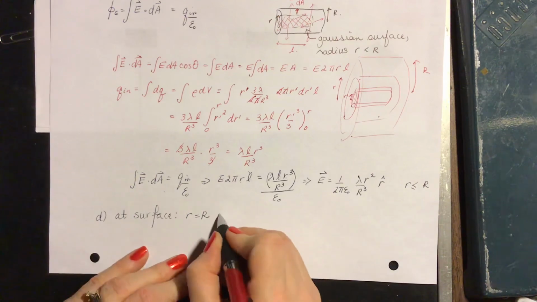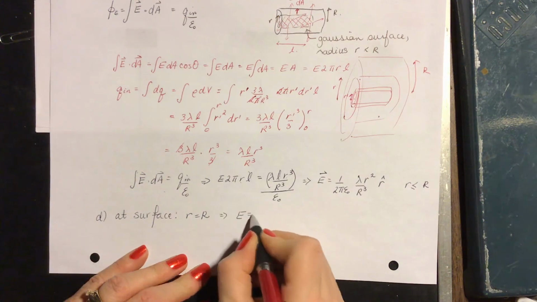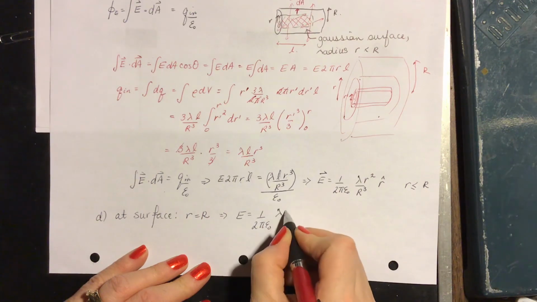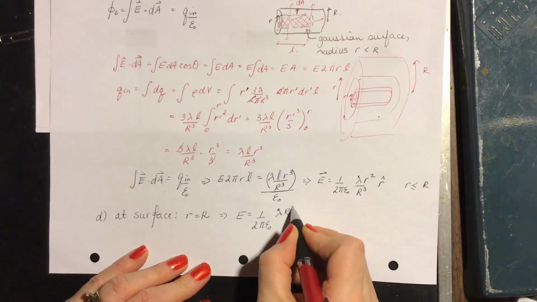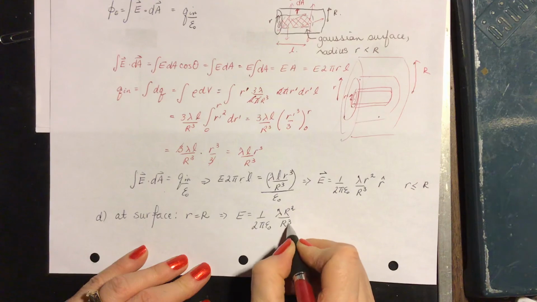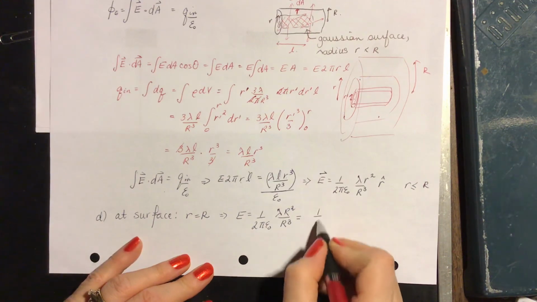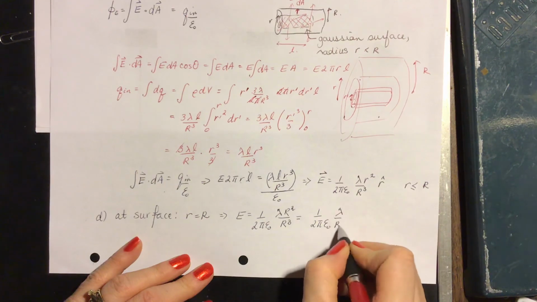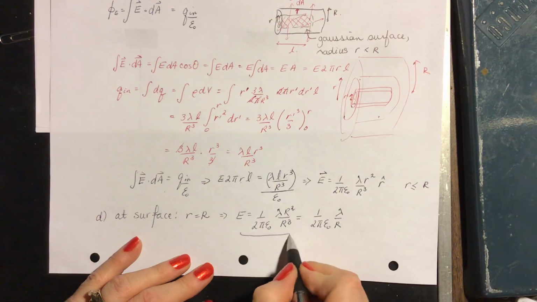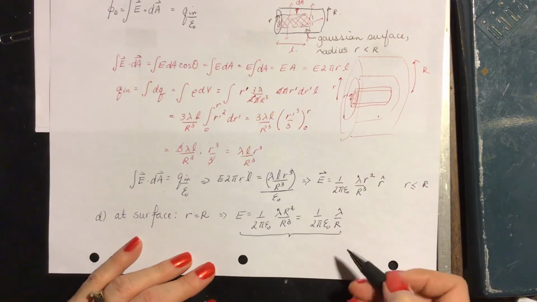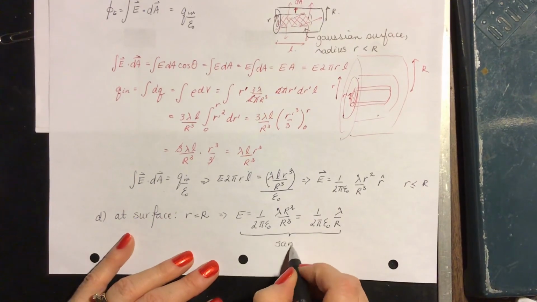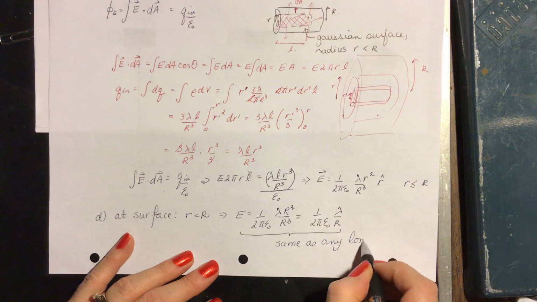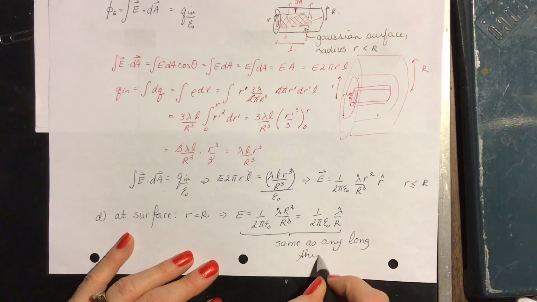There we have that our electric field is 1 over 2 pi epsilon naught times lambda times r squared over R cubed, which gives us 1 over 2 pi epsilon naught times lambda over R. That's the same expression as any long thin wire, which you can find using Gauss's law. So yes, this does give us the expected result.